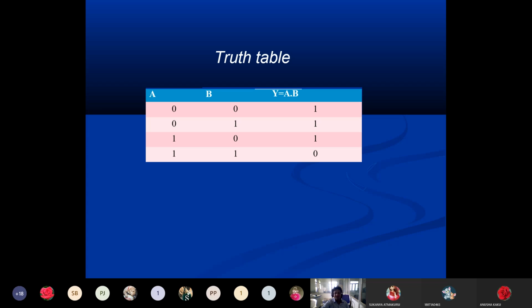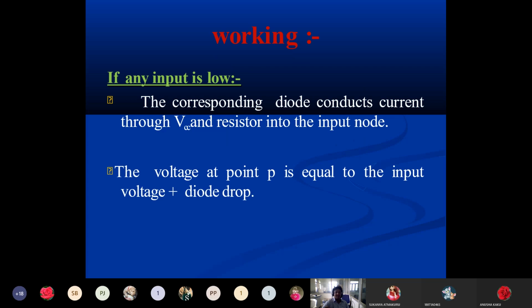and if both inputs are high, we get a low output. Coming to the operation, we see when the diode conducts, or when the diode is not conducting, as shown in the diagram.